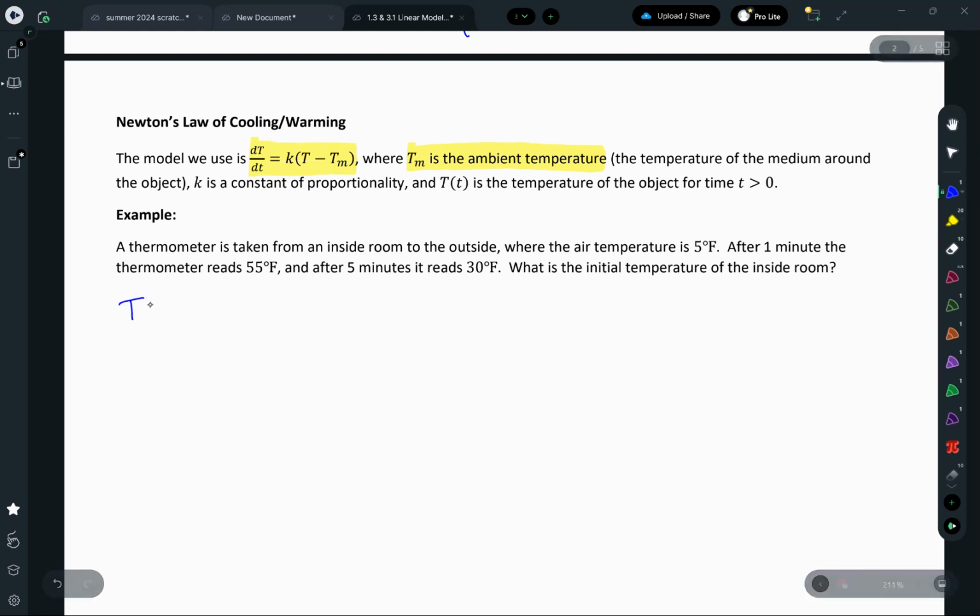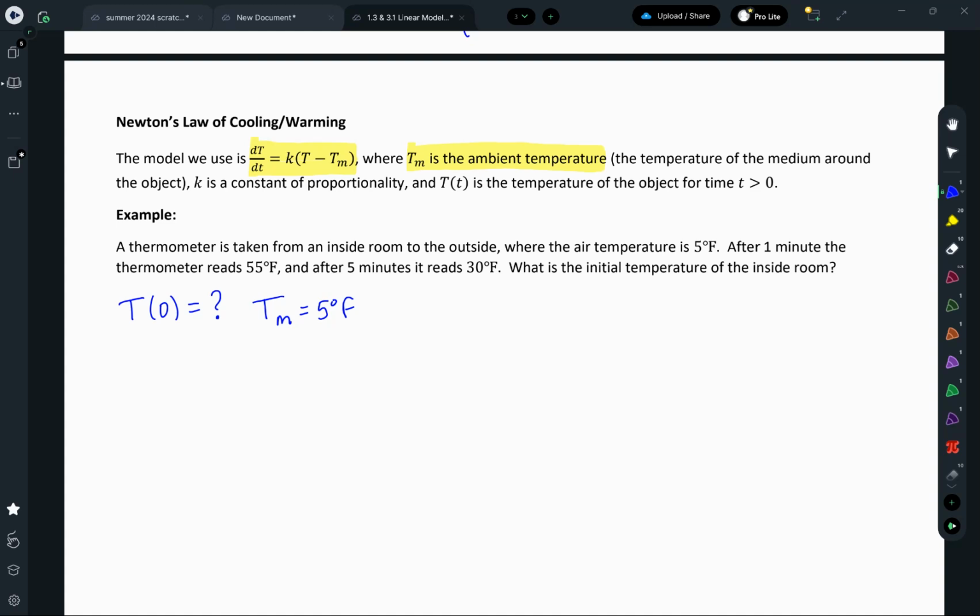We want to know what the temperature was at time equals 0, okay? Once we take the thermometer outside, it is now surrounded by an air temperature of 5 degrees Fahrenheit. They're telling us right there that the ambient temperature, T sub m, is equal to 5 degrees Fahrenheit. So now that the thermometer is outside in the 5 degrees, it's going to cool down because my assumption is the inside room was warmer, okay?